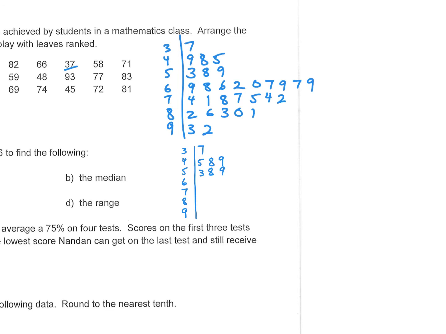Then ordering this group, I'll have 0, 2, then 6, 6, 7, 7, 8, 9, 9, 9. Then for row 7, we'll have 1, 2, 4, 4, and then 5, 7, 8.